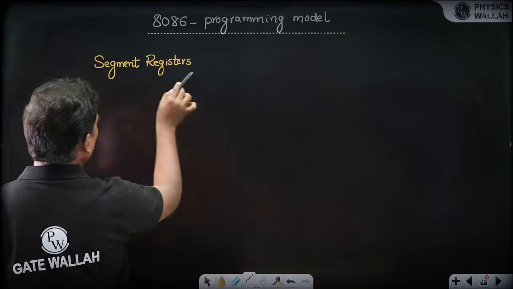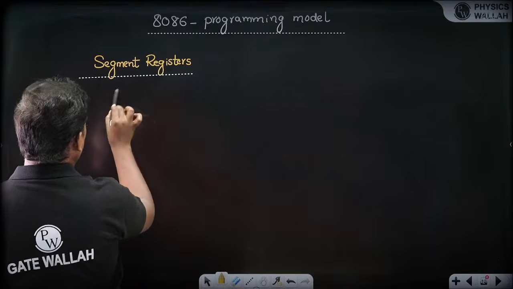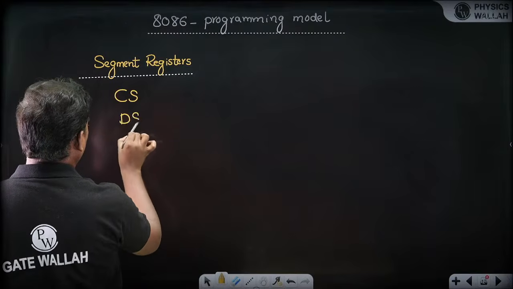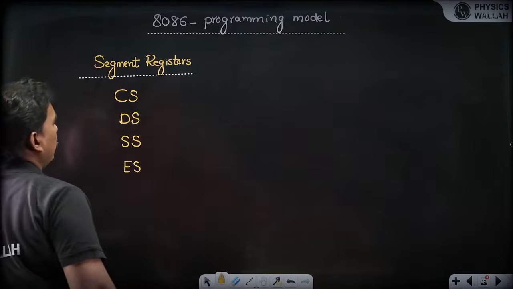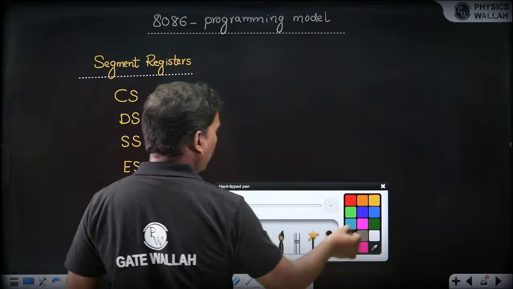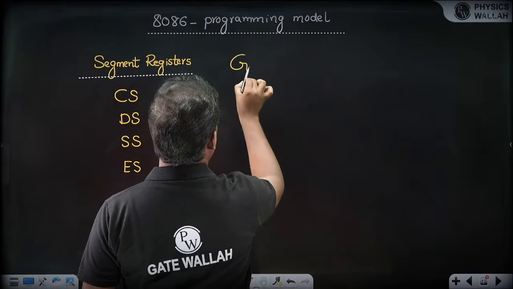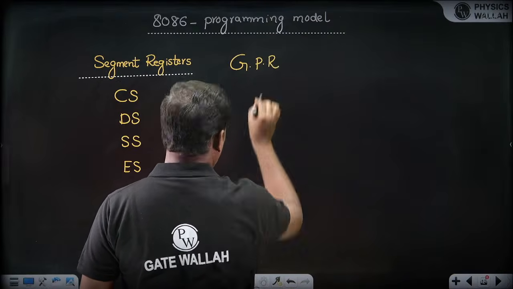So what are the segment registers? Code segment, data segment, stack segment, extra segment. And we are having the general purpose registers like GPRs. So what are the GPRs?